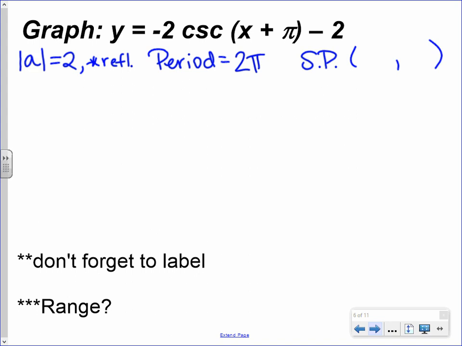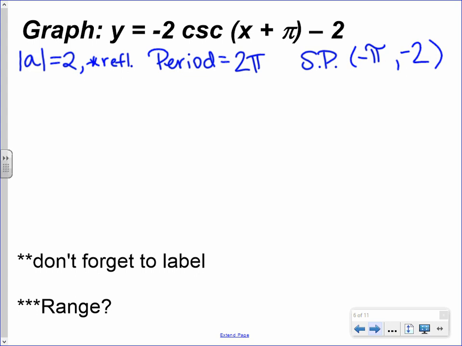Eli, what is it? Negative pi over 1, right? Negative pi, and then our y value, negative 2.